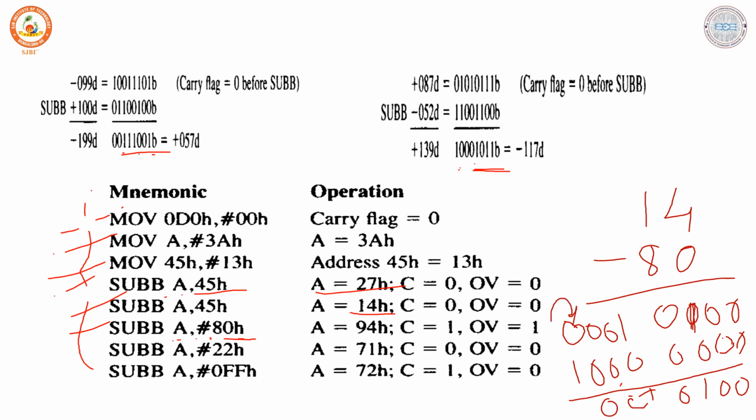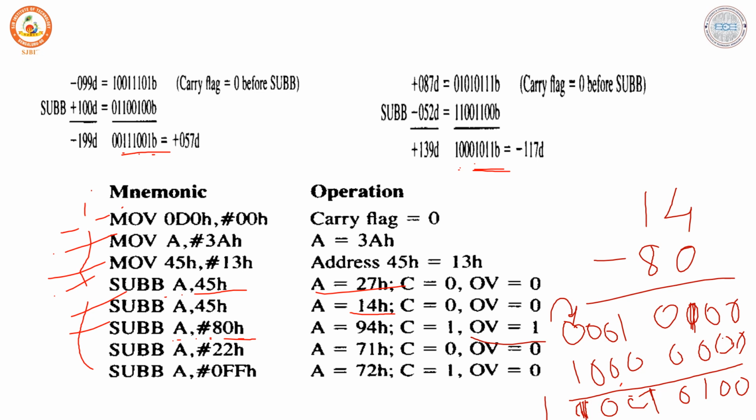In that situation, the overflow flag will be set to 1, and in the binary subtraction, 2 minus 1 will be taken as 1, right? And finally the carry flag will be set, because the borrow is already taken, so the borrow will be set to 1.